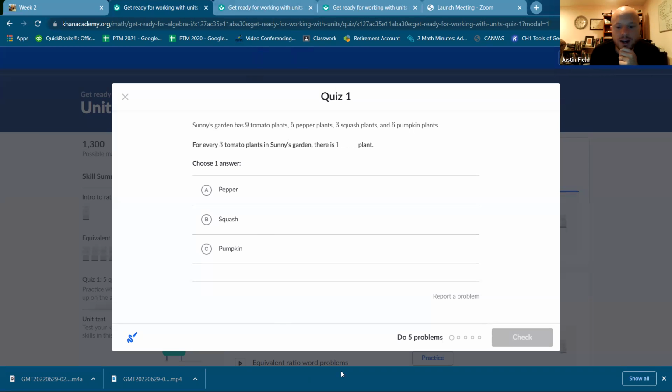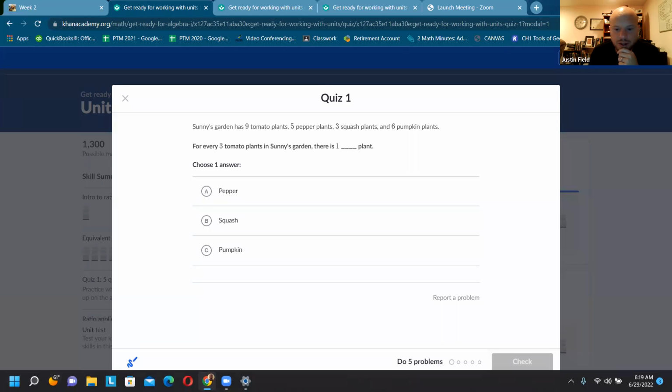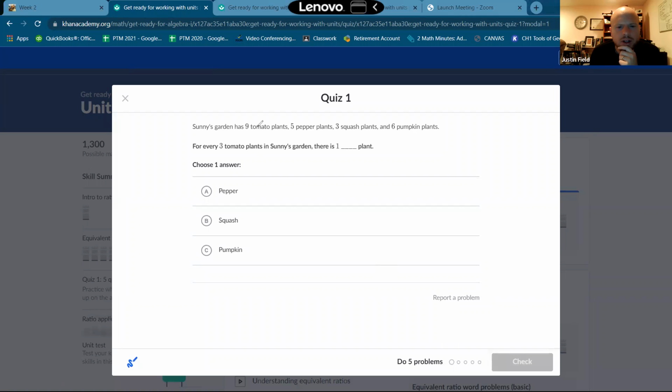Let's look at our ratio. Okay, so we have tomato plants. And so which one of these pairs of numbers could represent a 3-to-1 ratio?